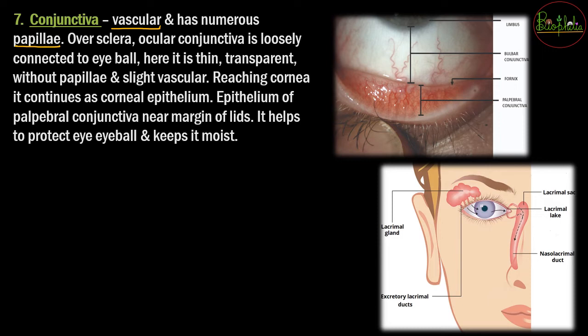Over the sclera, there is the ocular conjunctiva, which is loosely connected to the eyeball, very thin, transparent, without papillae and slightly vascular. Reaching the cornea, it continues as the corneal epithelium, and the epithelium of the palpebral conjunctiva, near the eyelids, helps protect the eyeball and keep it moist.